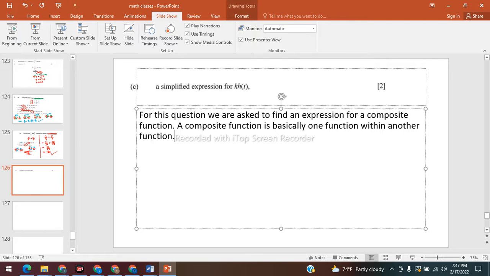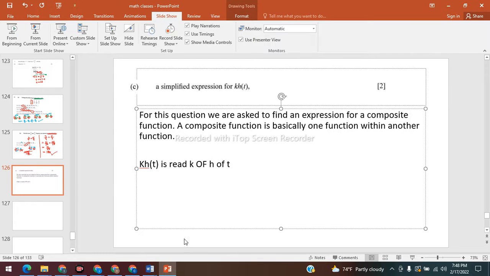So a function within a function. And k h of t is read k of h of t.